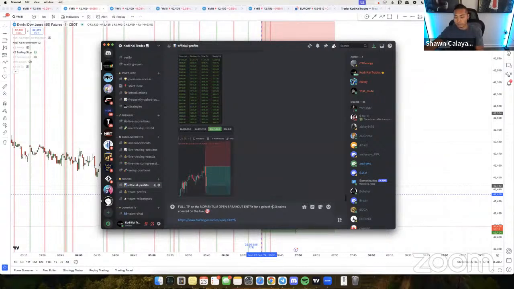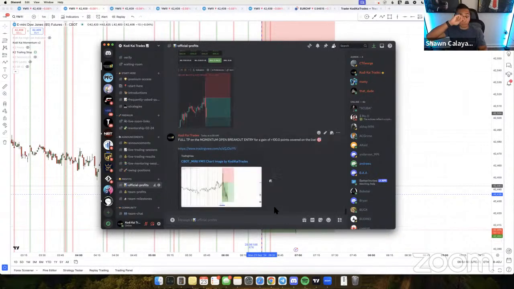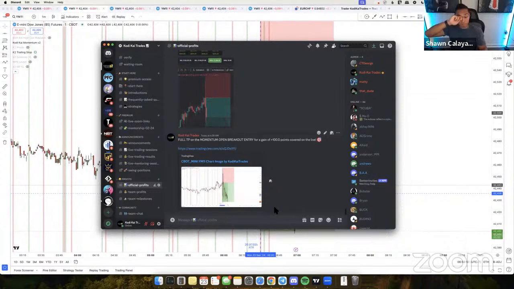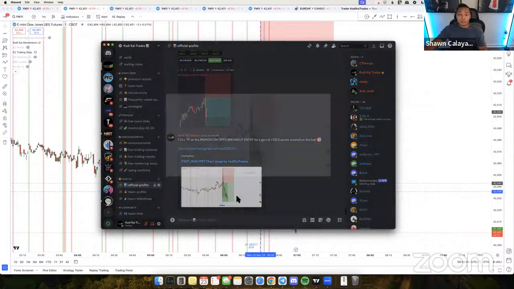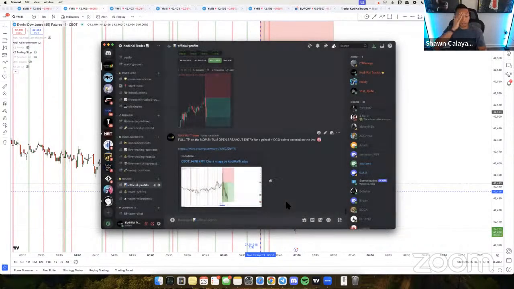I was expecting this to happen, but not in the situation that it happened. That's why I was super confident in the breakout, but I wasn't expecting it to take this long because it basically ran past the market flow entry, which is not supposed to happen. All right, so full TP right here for the breakout, 100 points right there.